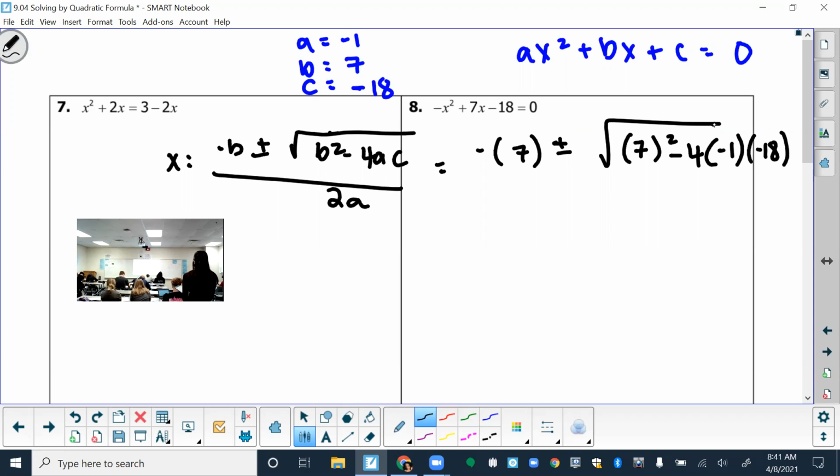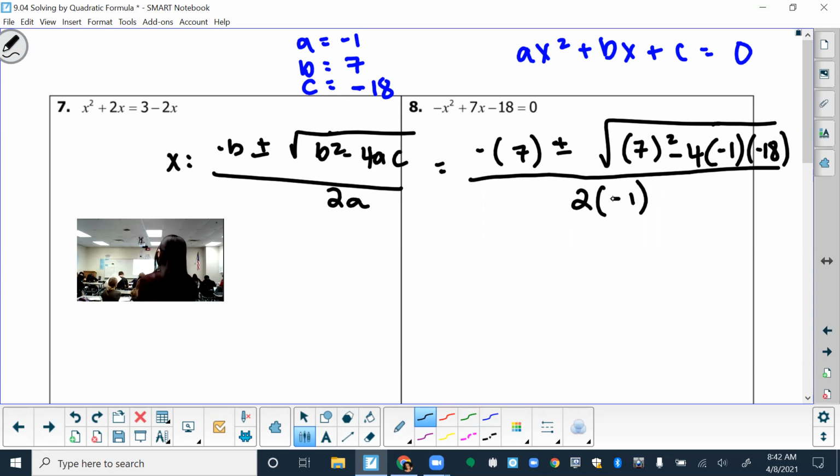So b squared minus 4ac, when we plug it in, is 7 squared minus 4 times -1 times -18, all over 2 times a, and we said a is -1. I would not skip that step, just so that I don't make any mistakes.